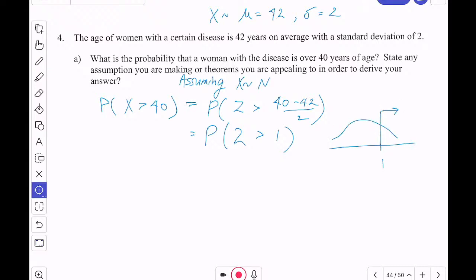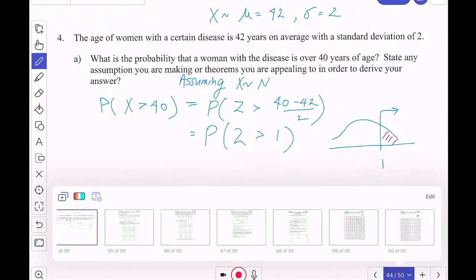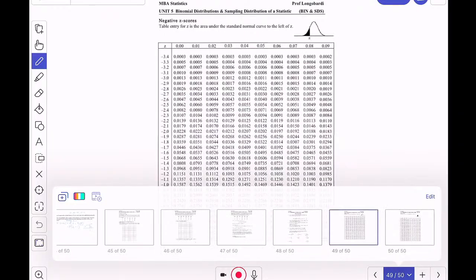So I want to look at greater than 1 on the table or less than -1. So I think I can go to the tables here. I'm going to look at -1, right?